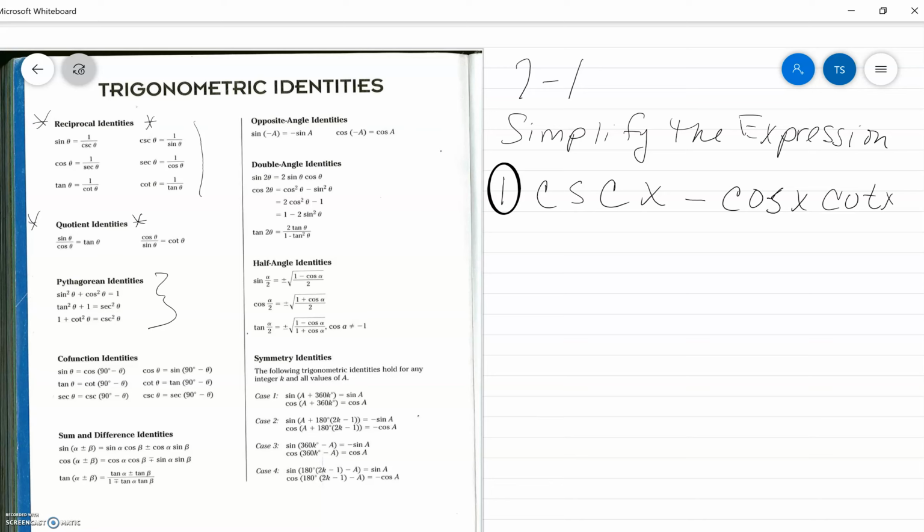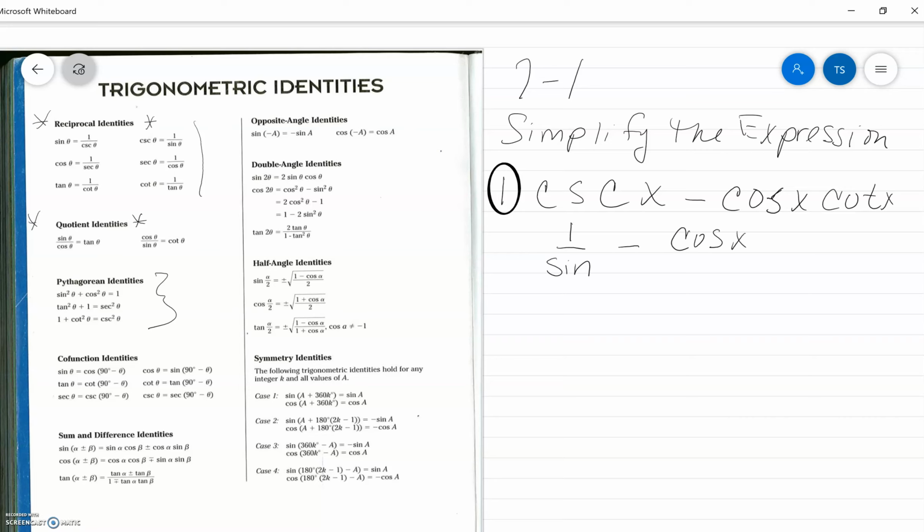Now, ultimately, I want to keep things in terms of sine or cosine or tangent normally. So I see cosecant, and I'm like, whoa, cosecant's the same as 1 over sine. So I'm just going to change that to 1 over sine. I'm also going to drop the x out because that's just the angle. It's kind of unimportant right now.